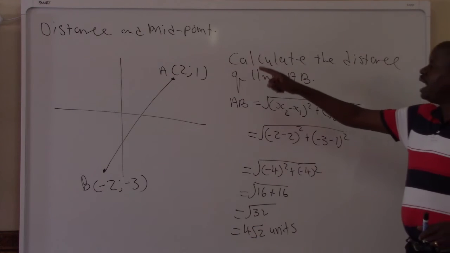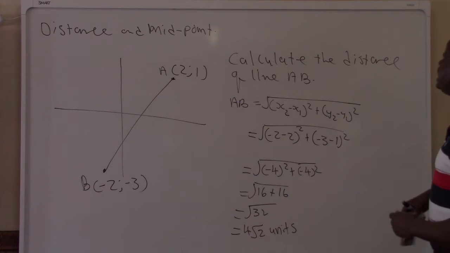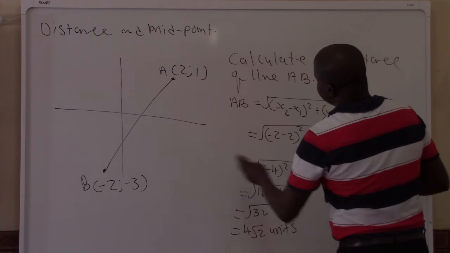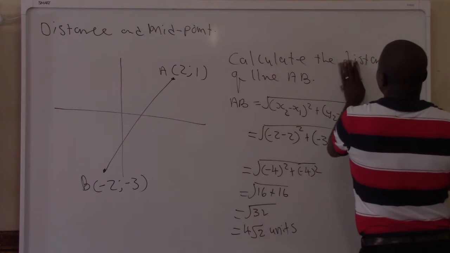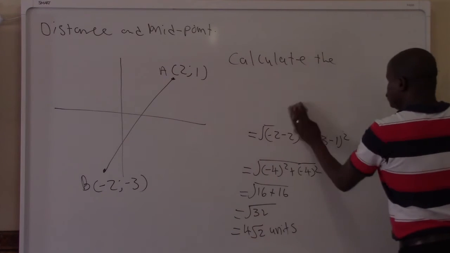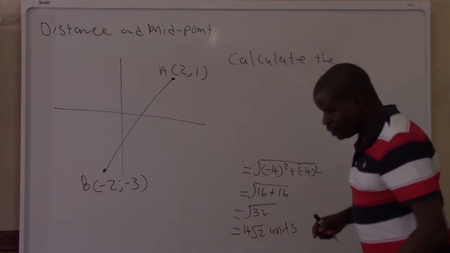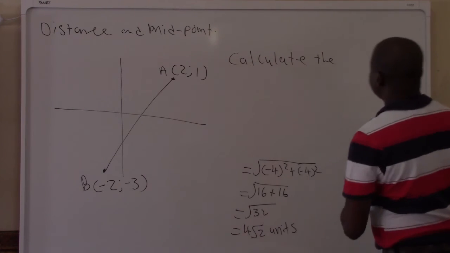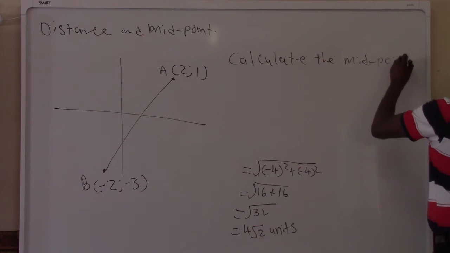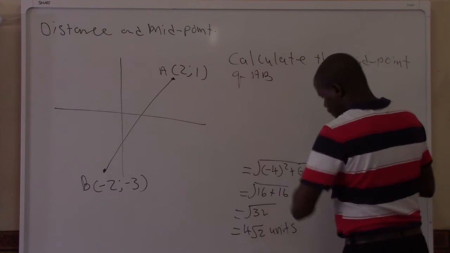Then, out of this again, they may say to you, calculate the midpoint of that distance there. So we can do it in this way if we have to calculate the midpoint. Calculate the midpoint of AB.